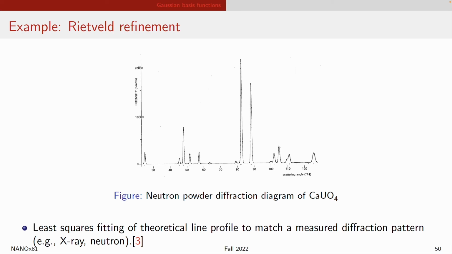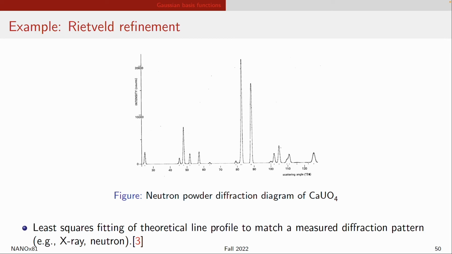And you essentially think of this as one Gaussian over here, another Gaussian over here, another Gaussian over here. And what you want to do is to treat this as a summation of Gaussians.